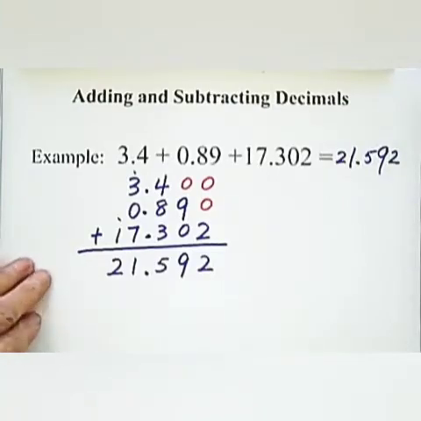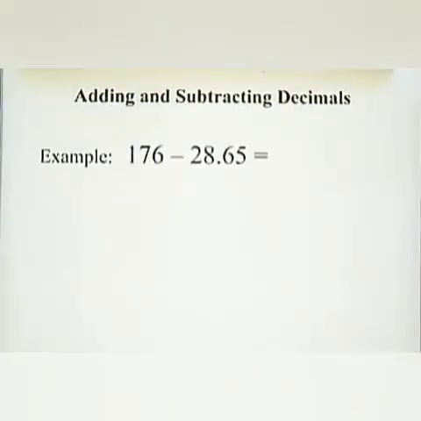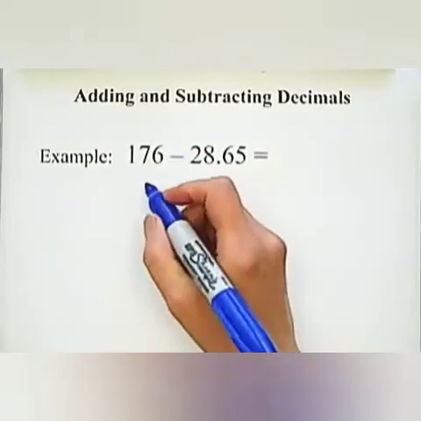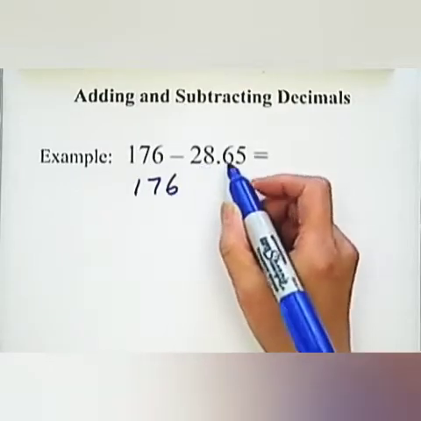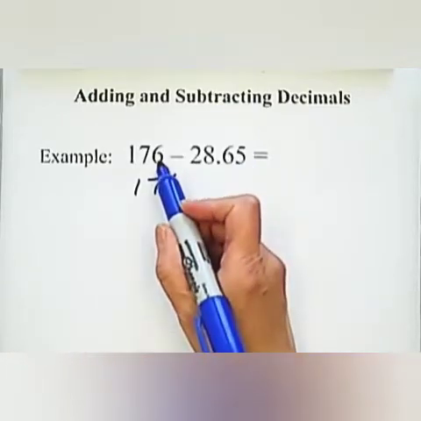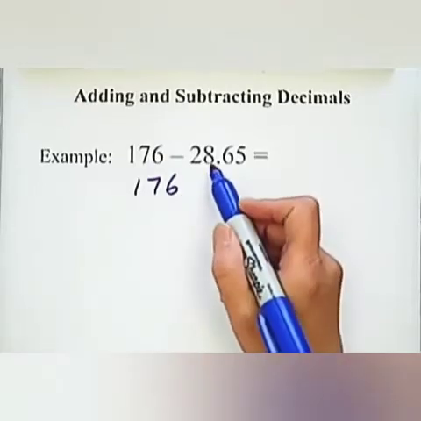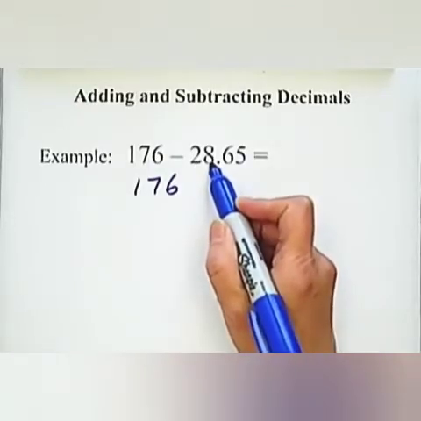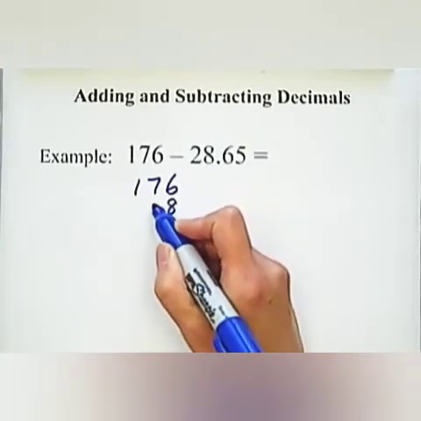The second example is subtraction. 176 minus 28.65. 176 subtract 28.65, because the 6 in 176 is the 1's digit, and the 8 is the 1's digit, so we need to put 28 here, right?